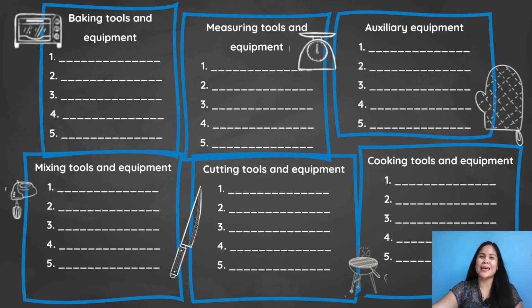Auxiliary meaning to say these are supplemental or additional tools that we can use in food preparation, mixing tools and equipment, cutting tools and equipment, as well as cooking tools and equipment. I'm going to give you time to answer this activity before we proceed in our discussion.